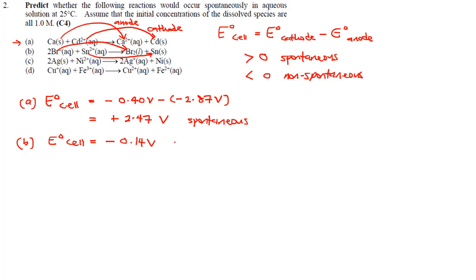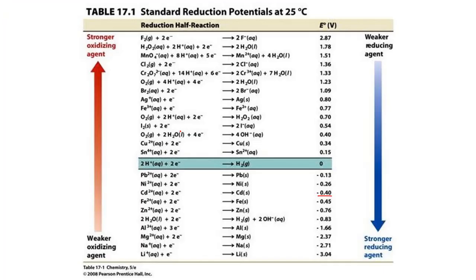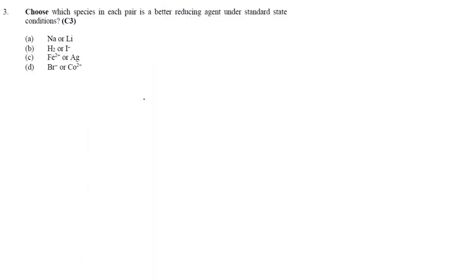Dalam nota kuliah ada the complete table tu. Okay, negative 0.14. Okay, minus untuk bromine, kalau kita tengok the table tu, okay, alright, dia adalah 1.09 lah. Okay, alright, positive 1.09.